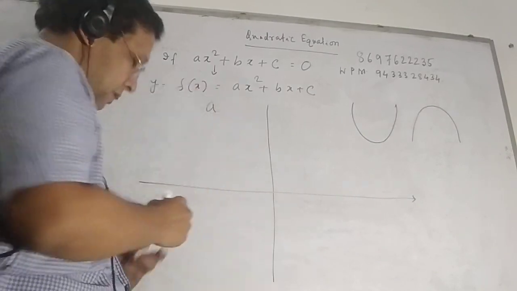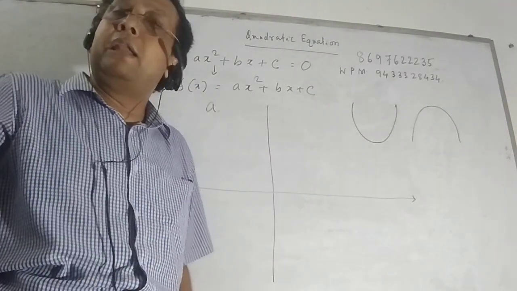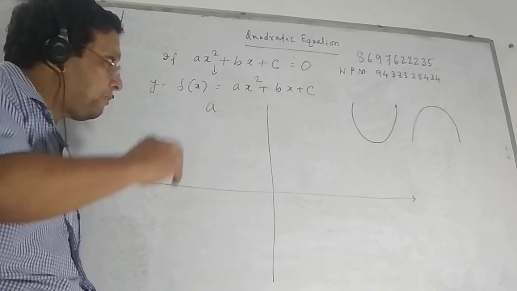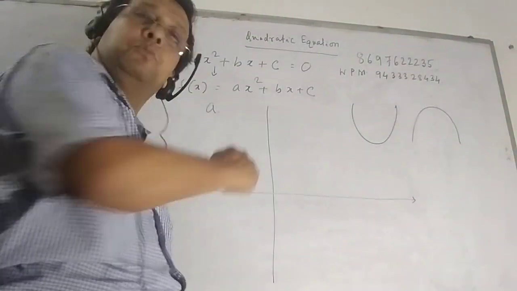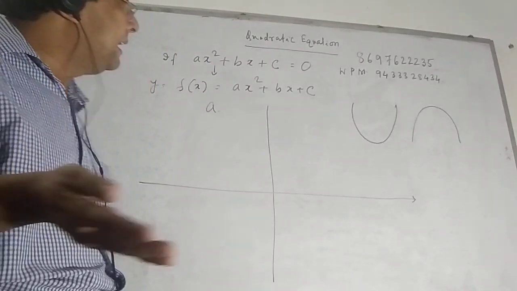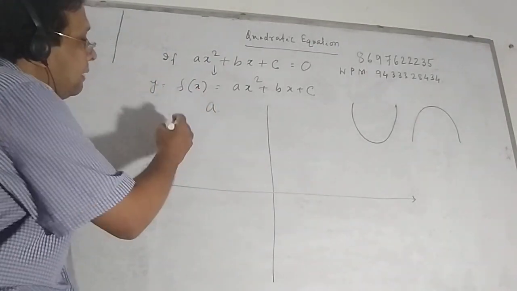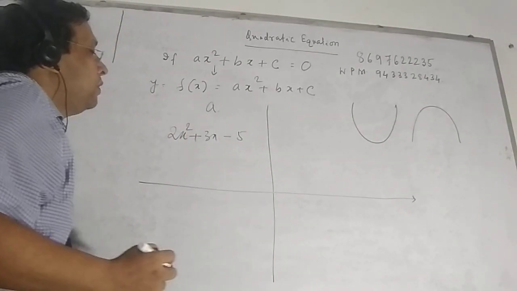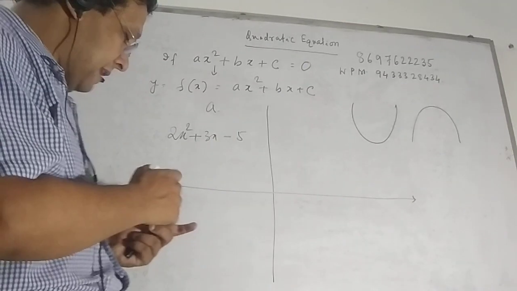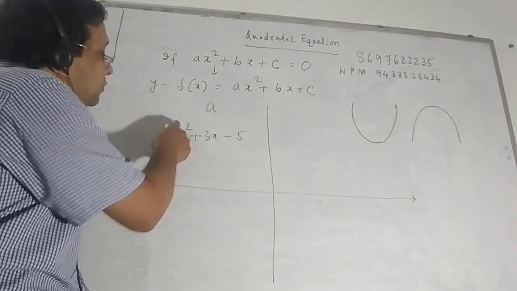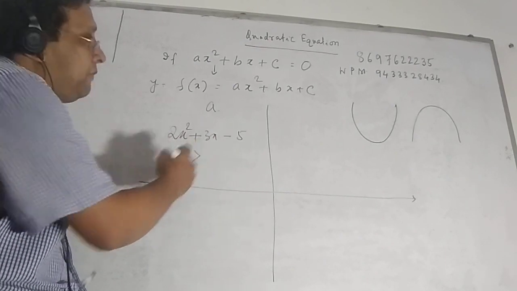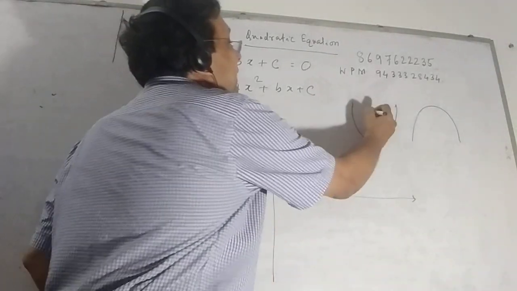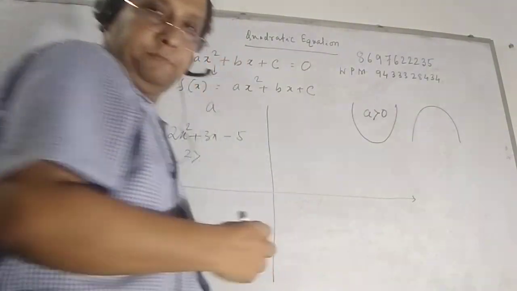Because of this a, this parabola is either U-shaped or inverted U-shaped. Suppose I give you this example: 2x square plus 3x minus 5. The coefficient of x square is 2, which is positive, and therefore it is U-shaped like this. So for this type of diagram, a should be positive.